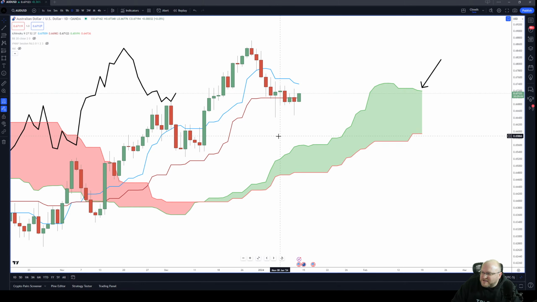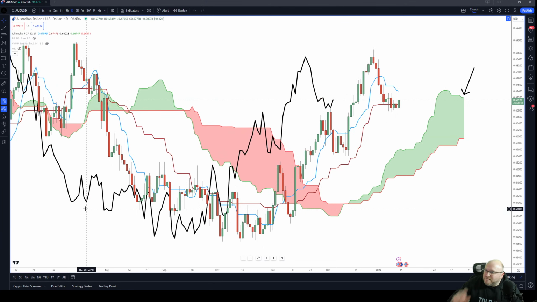And it too is pushed forward 26 periods. So that is how those two levels of the cloud form. By the way, I'm just going to pause here before we look at some other things. Any questions?